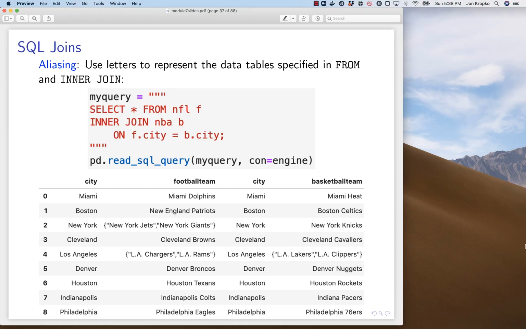The only difference here is that I've aliased the NFL data frame as F, and I've aliased the NBA data as B. That way, later when I refer to columns from those data tables, F.city means from the NFL, and B.city means from the NBA. So this is the exact same thing. So when you see this notation of single letters, you're going to know what it means.